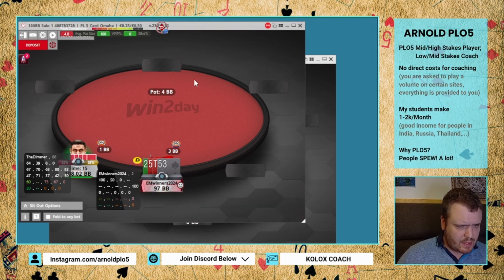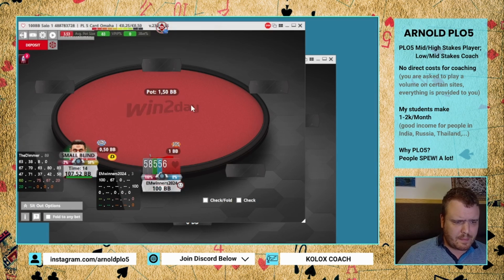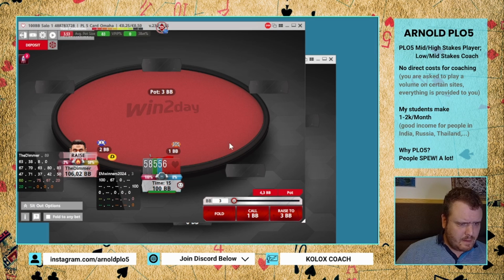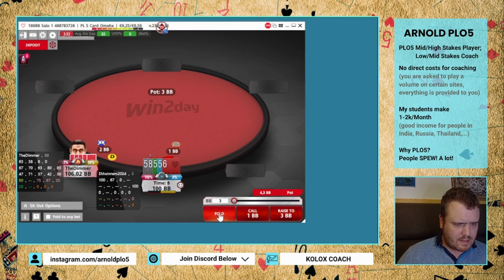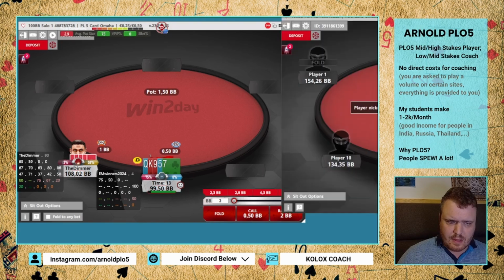And again, we're only folding the absolute worst hands on the button and playing heads up. Three big blinds I would have always folded here. Still want to fold. Oh, on 1-2, one table was free.